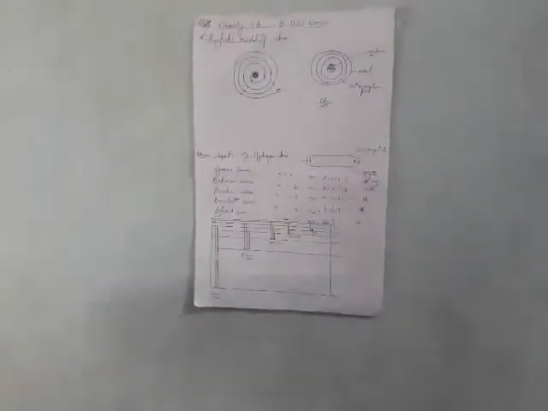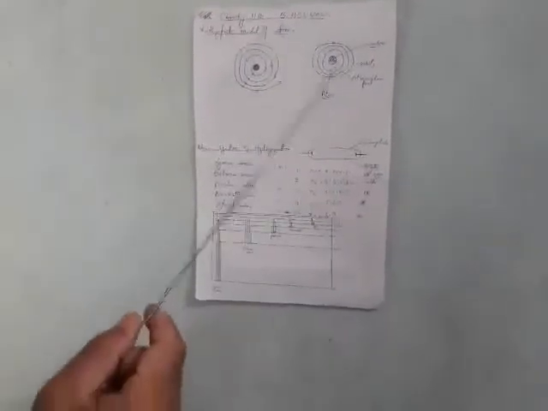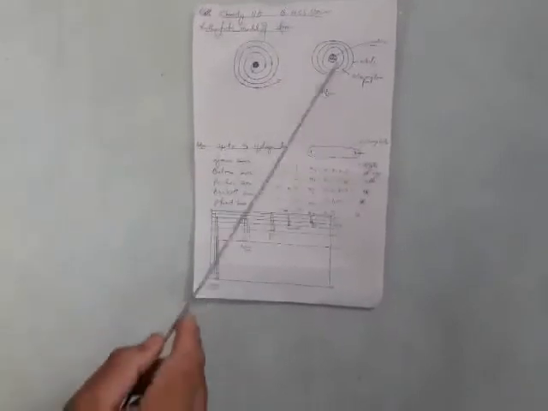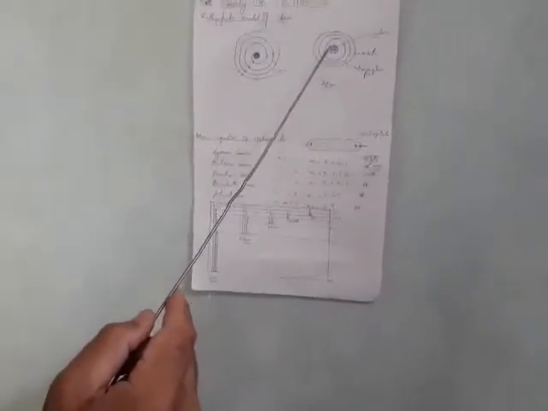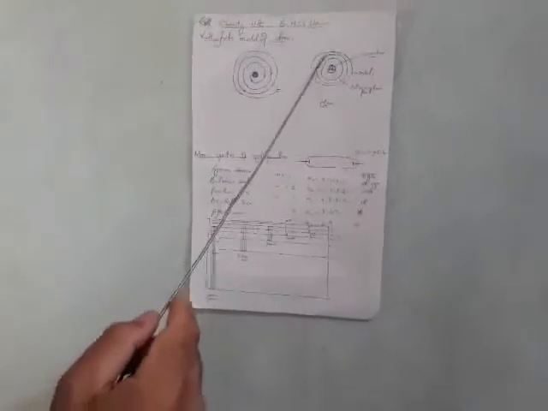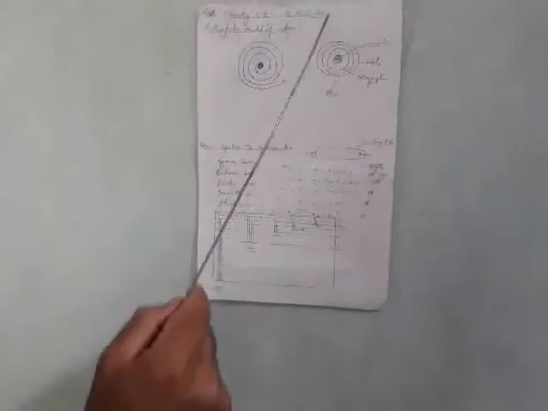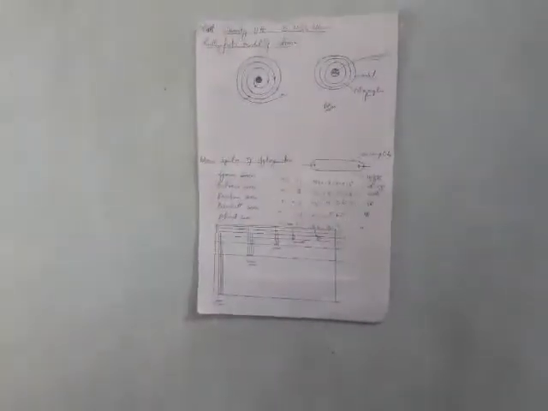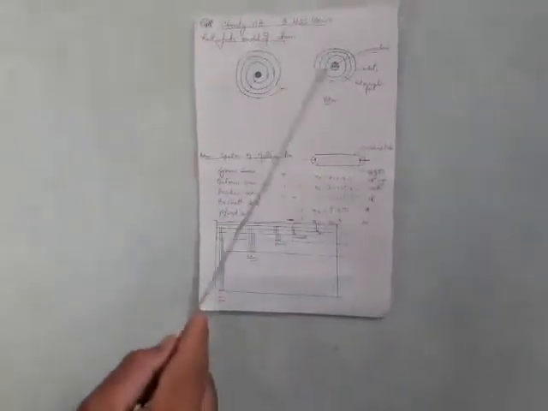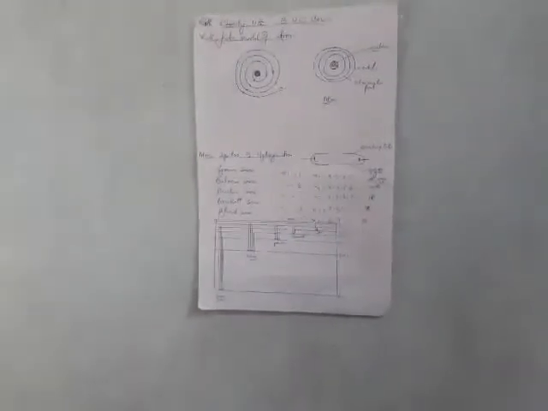Now, the fifth point of Rutherford's model is about the space. He said that the space around the nucleus of the atom is occupied by electrons, and he called this space, which is outside the nucleus, the extranuclear part of the atom.